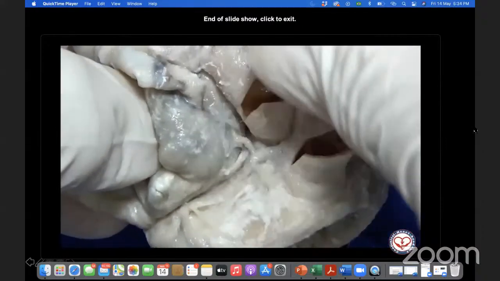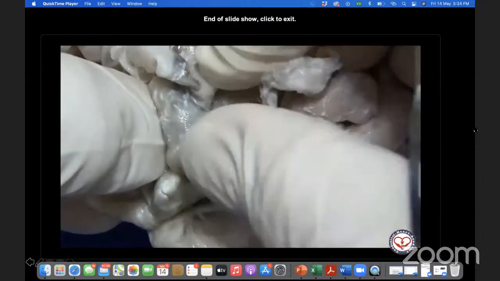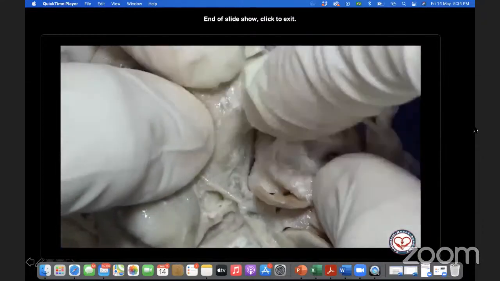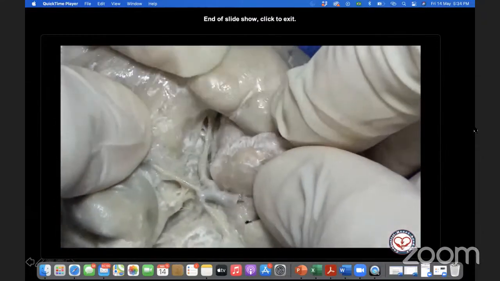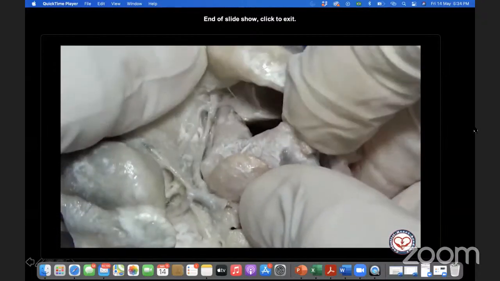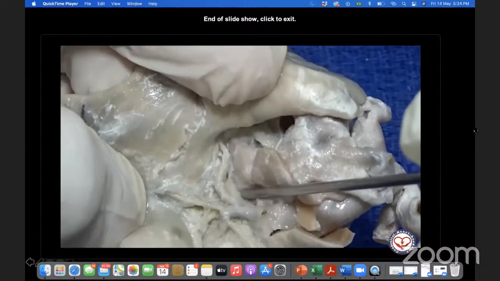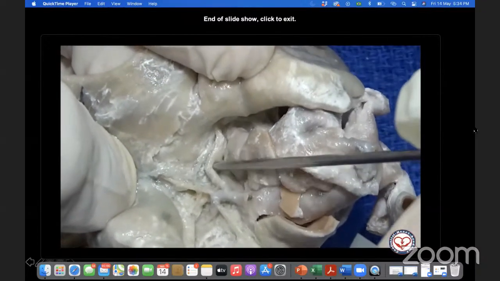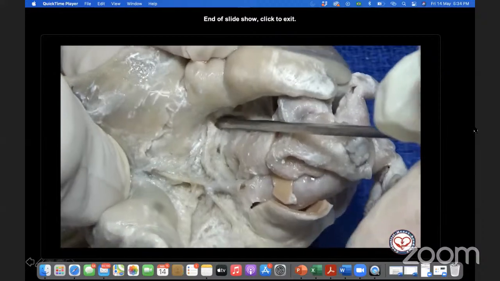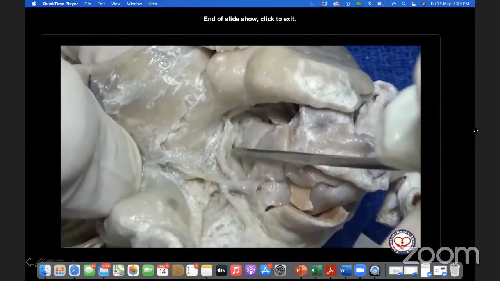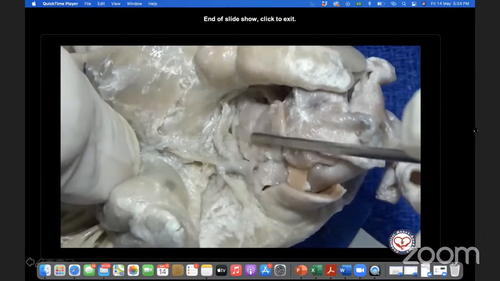If we look within the transverse sinus, or posterior to the arterial pedicle, we can see that the circumflex coronary artery arises as the first branch of the right coronary artery. So it extends within the transverse sinus over to take its usual position within the left atrioventricular groove.